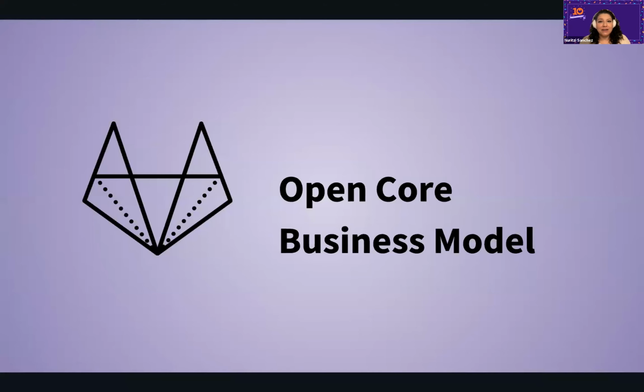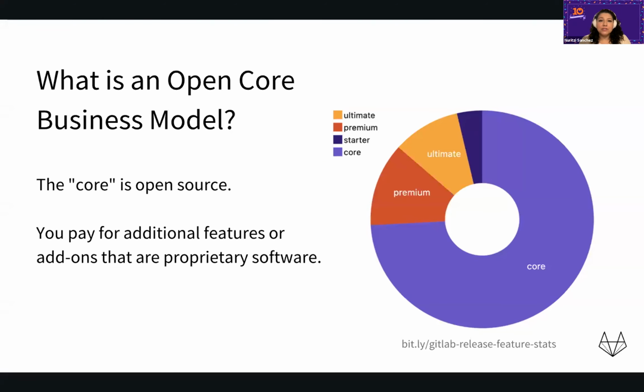Okay, so now that I've talked a little bit about what GitLab is, let's talk about its open core business model. And for those of you who are unfamiliar with the open core business model, let's start off by just defining that. Here, when we talk about the core, we're talking about the open source components.